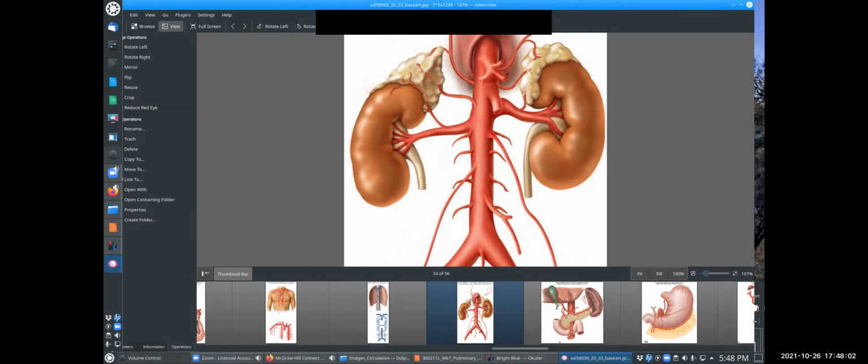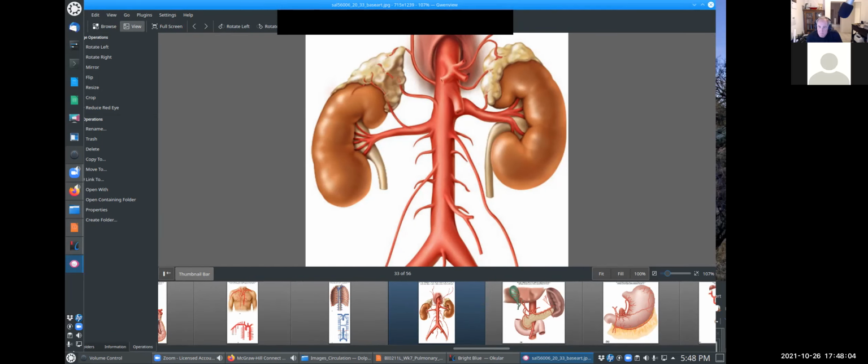Is one of them the splenic? Yep. It's the one that will run in the direction of the spleen, to the person's left.